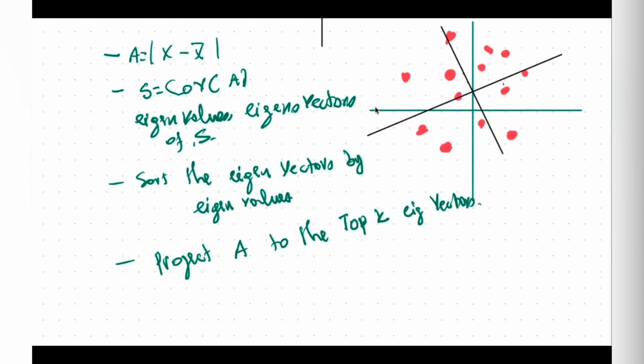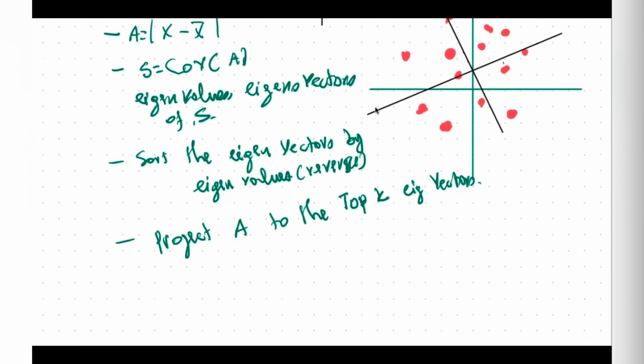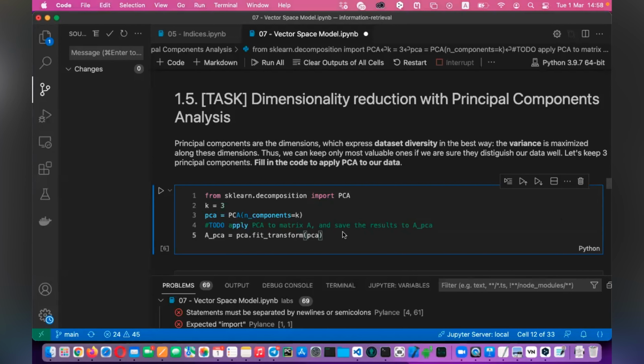Those are the steps. So we saw this in reverse order, okay? This is in reverse order, and then we project. So after the projection, we can then analyze what is the percentage of variance that we retain, right? To analyze that, this fit transform will do this for us.